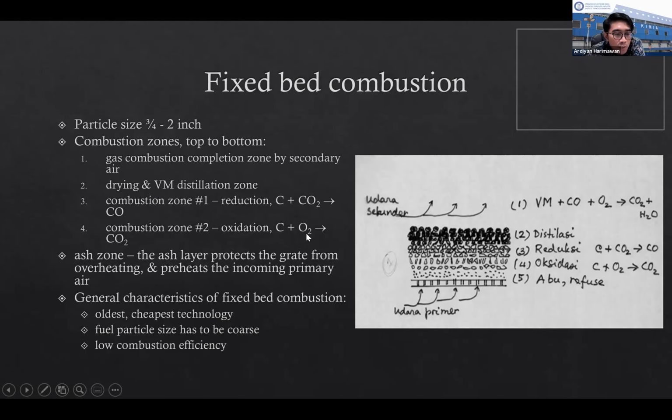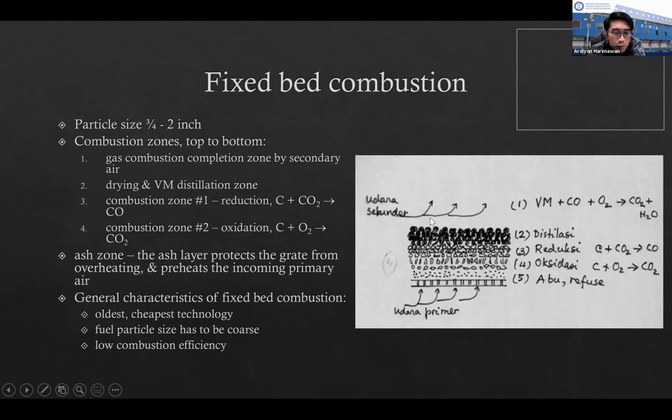Then you will have two types of air to burn the coal. The first is the primary air. By the name, it is the air mainly used for the combustion and has a higher flow rate, higher velocity compared to the secondary air.